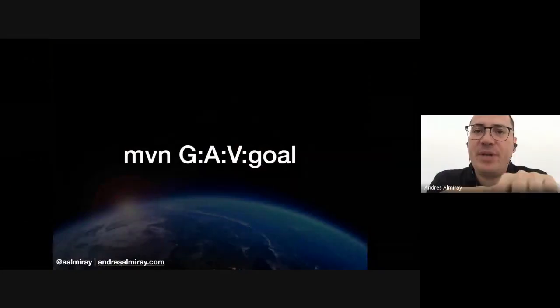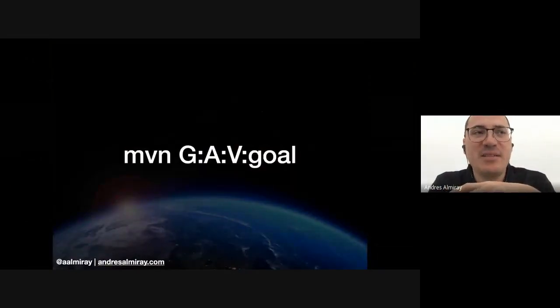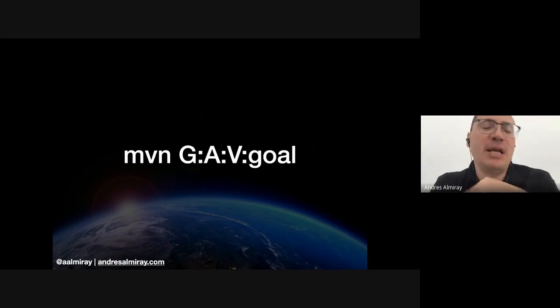All right. So the next one, that's really something that I found really cool about Maven, is that you can execute any plugin, any goal, just by defining the group ID, artifact ID, and version, the GAV coordinates for said plugin and the goal, plus any additional parameters the goal may expect.